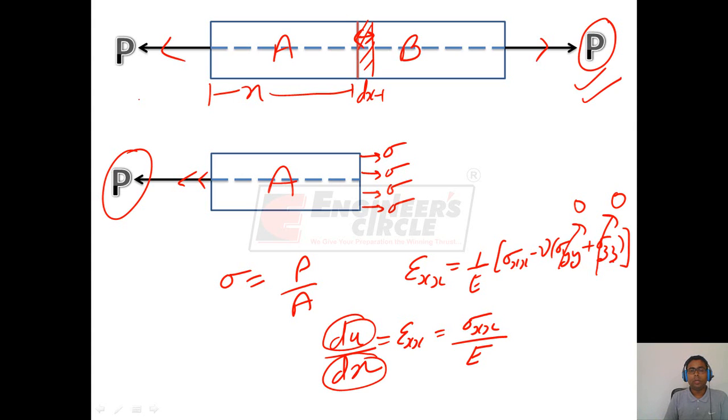So, to write the total change in the length of this entire bar, we can integrate du over the entire bar. So, we get du is equal to sigma xx by E into dx.